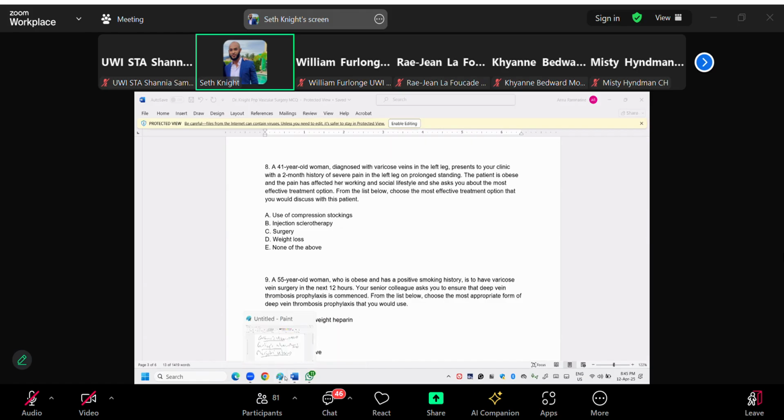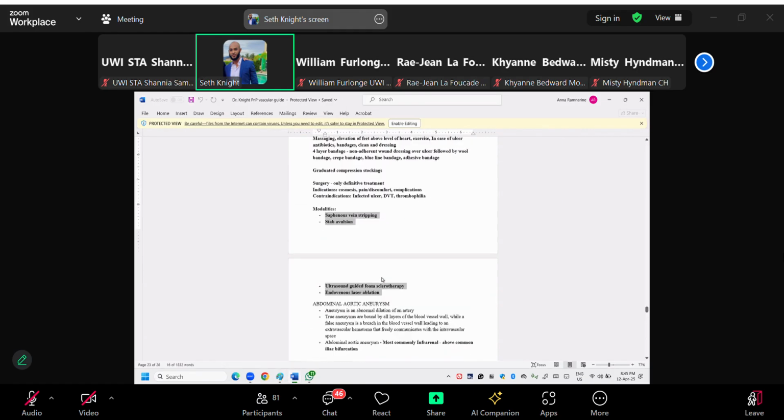Let me make that clear. So sclerotherapy is not surgery, okay? Your surgeries are this, and you can also do laser ablation. But these two are your surgical approaches, and so these two would be a gold standard. Depending on the level of occlusion and so on, that is beyond the scope of what you need to know for MBBS, okay?